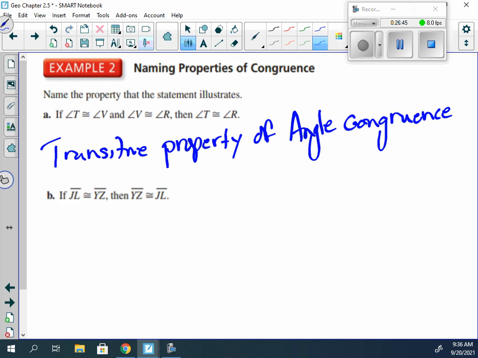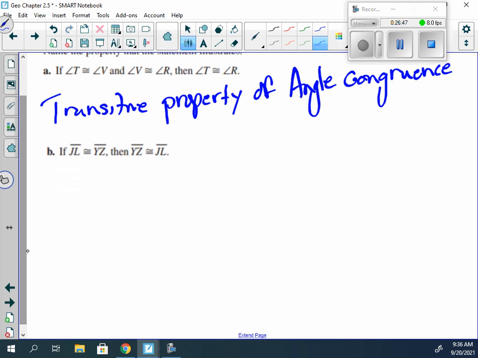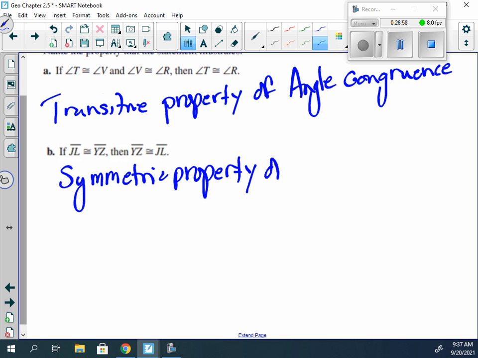Now, if we look at B, property of segment congruency.